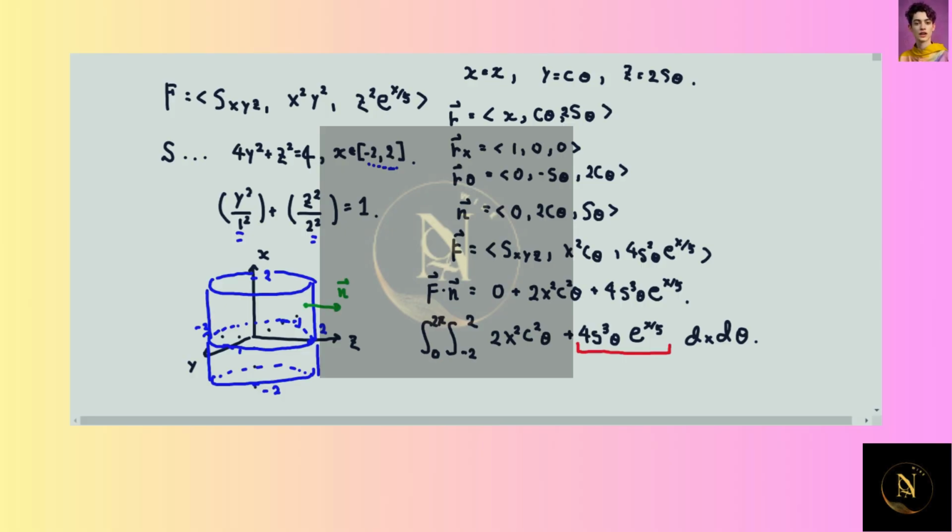So in essence, what we're just really trying to evaluate is the integration of 0 to 2 pi, negative 2 to 2, of 2x squared cosine squared theta dx d theta.